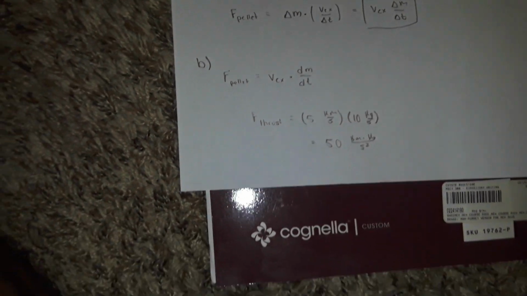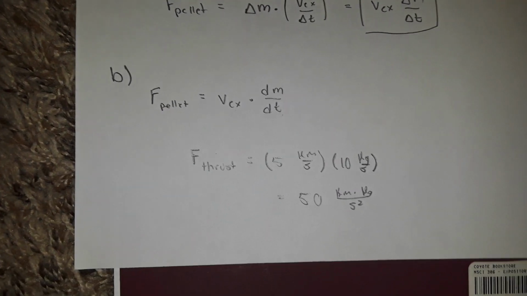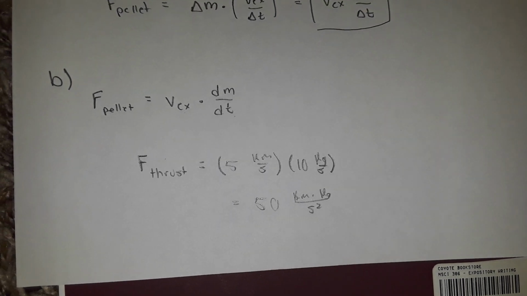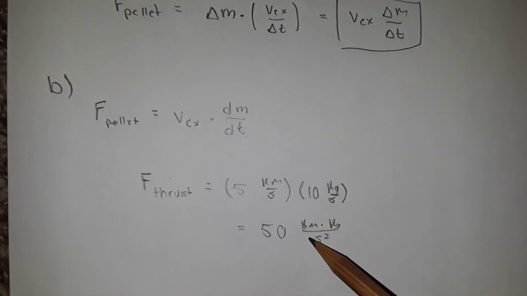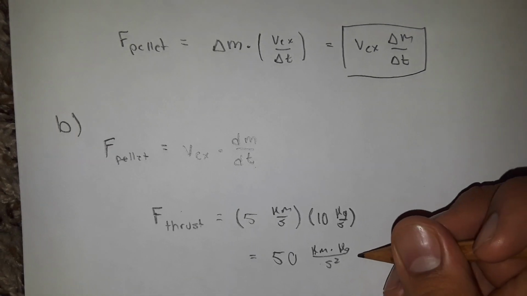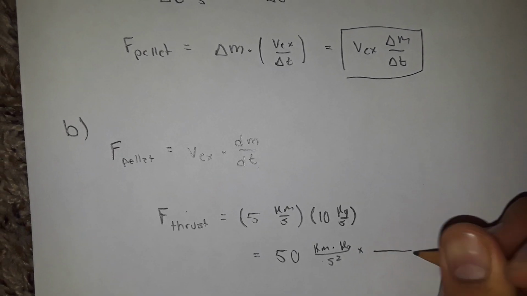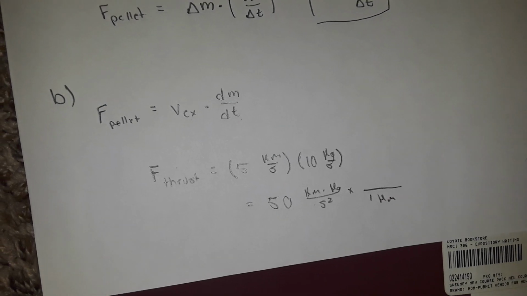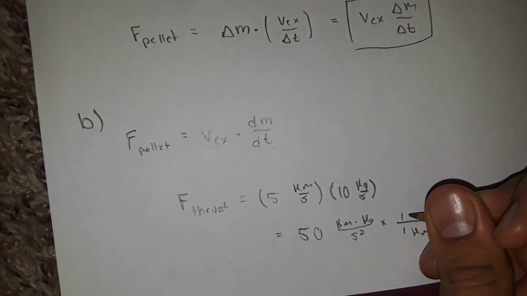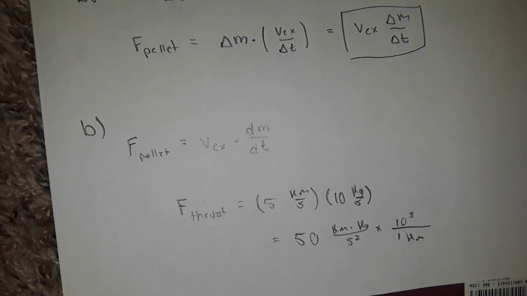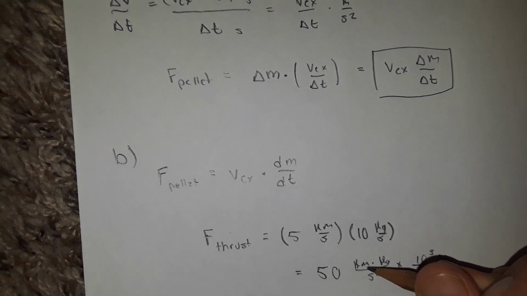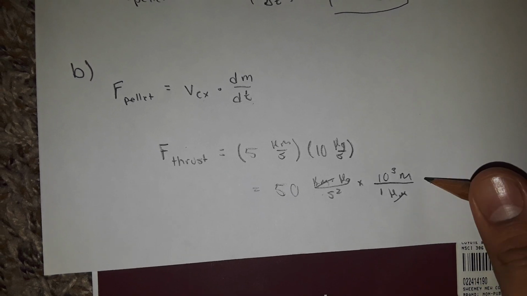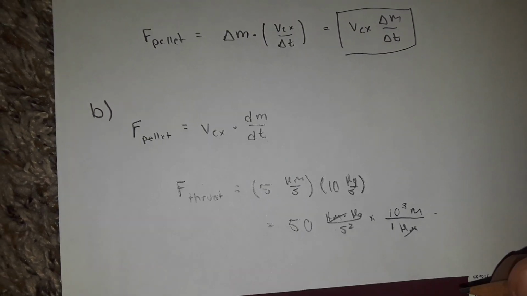Now, these are not our units for force. We have to convert the kilometers into meters. So we can put 1 kilometer is equal to 1,000 meters, and 1,000 can be represented as 10 to the 3 meters. Now we see that the kilometers cancel, and we're left with units of meters.